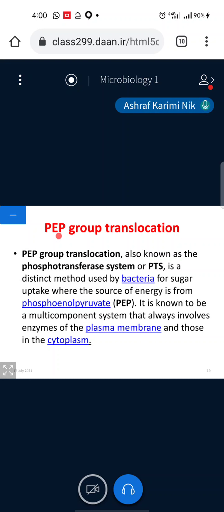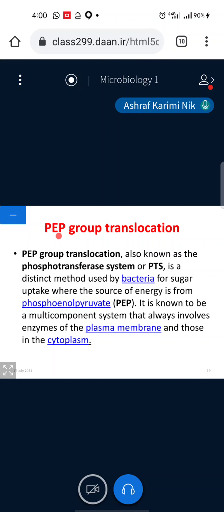Some carbohydrates, and some bacteria can do PEP group translocation. Group translocation is a specific way for just some bacteria.